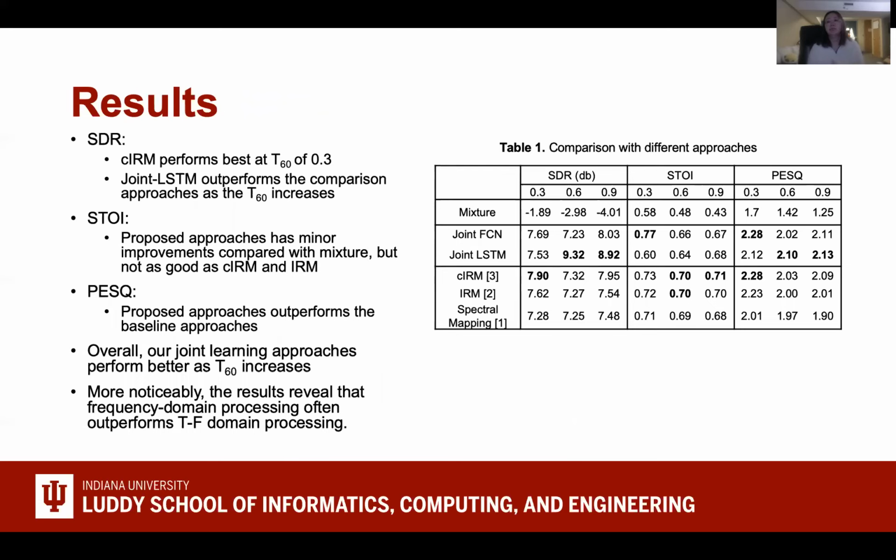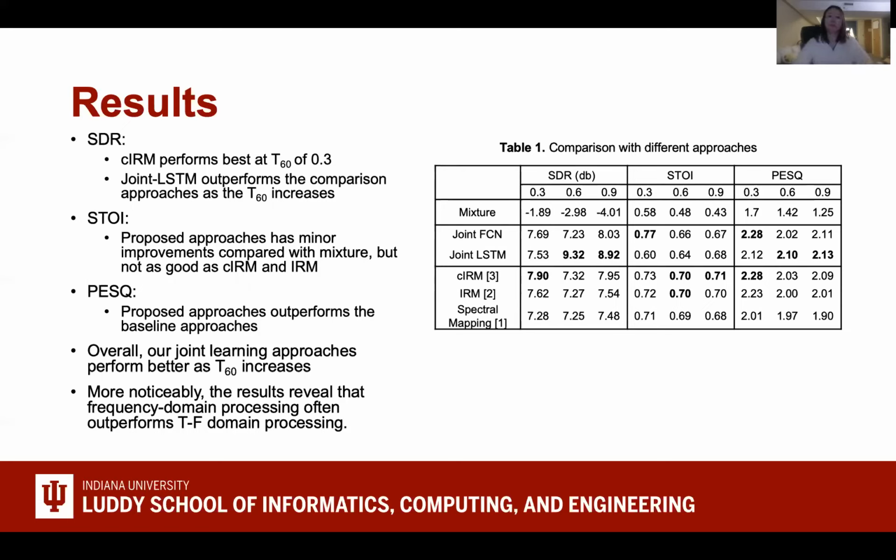Okay, here are the results from Table 1 for our experiments. For the SDR results, the complex ratio mask performs badly at T60 equal to 0.3, and the joint LSTM outperforms the comparison approaches as the T60 increases. For the STOI score, the proposed approaches have minor improvements compared with the mixture, but are not as good as the complex ratio mask and the ideal ratio mask.